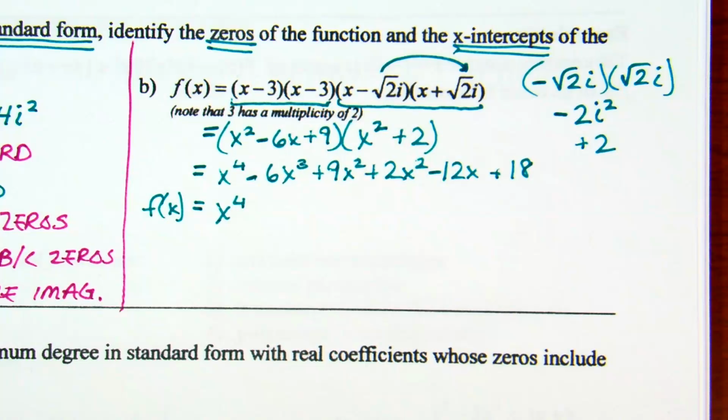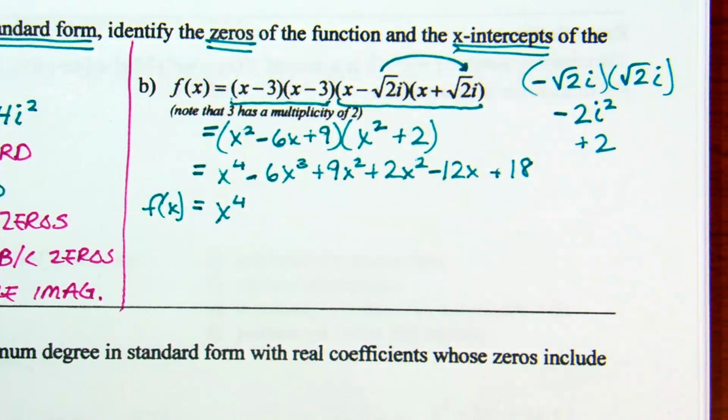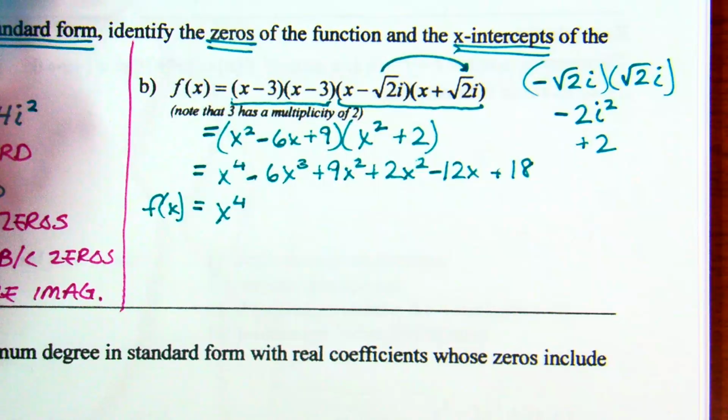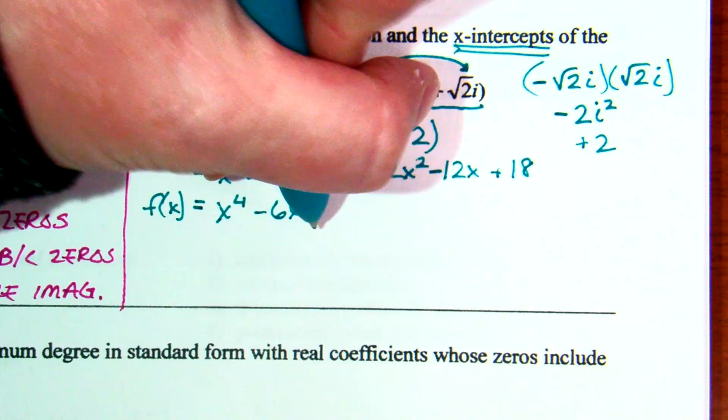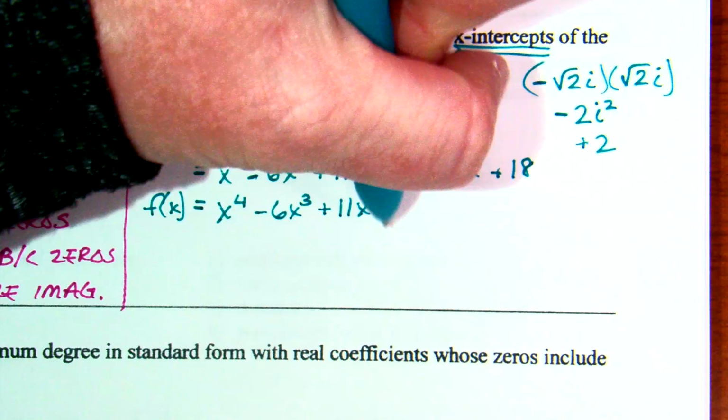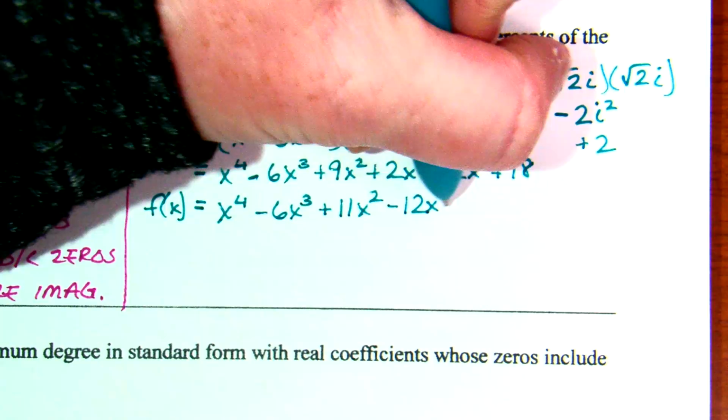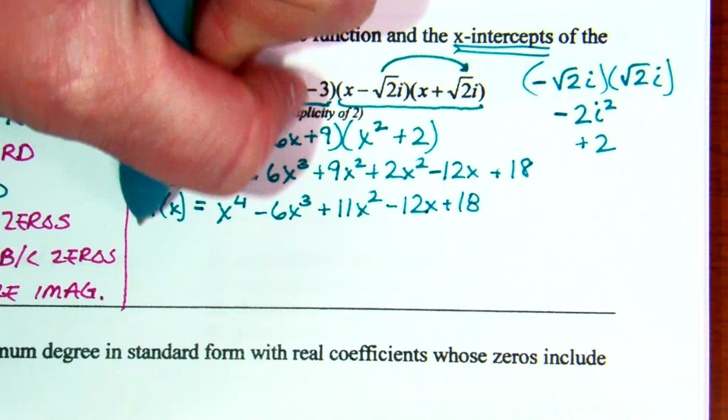Okay, good. So x to the fourth minus 6x cubed carries down. 9x squared plus 2x squared is plus 11x squared, minus 12x plus 18.